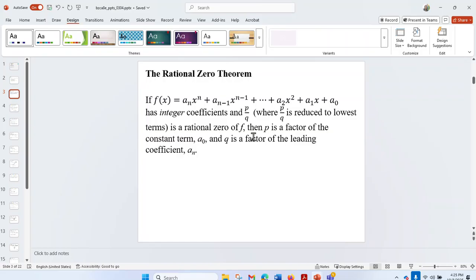How do we find a possible zero? One method is using P over Q, reduced to lowest terms, and this gives the possible zeros. So what is P over Q here?